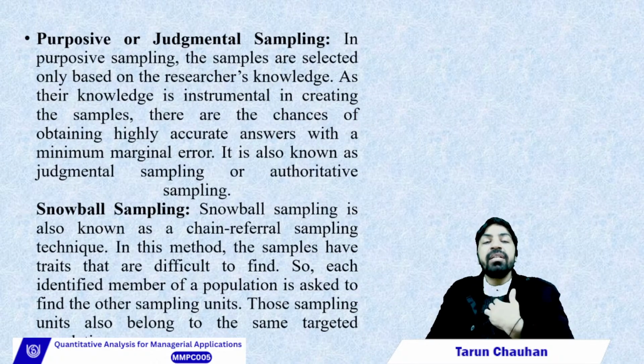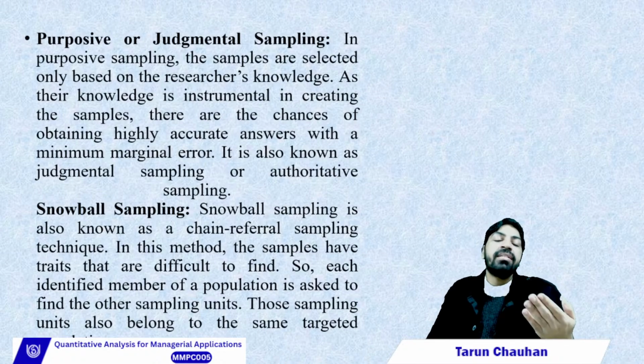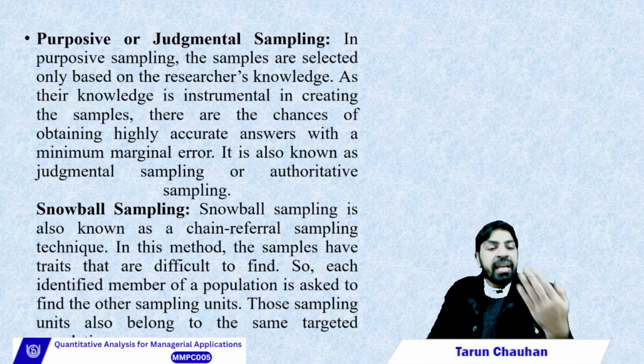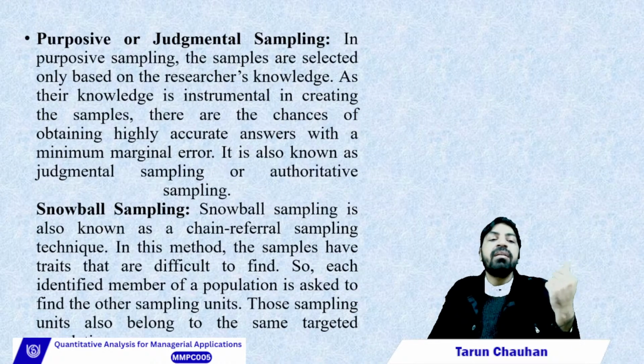So if a researcher selects one sample, and that sample refers to other samples, their friends, or friends of friends, then samples lead to more samples among their friends and relatives, and it becomes chain referral sampling. It becomes snowball sampling.